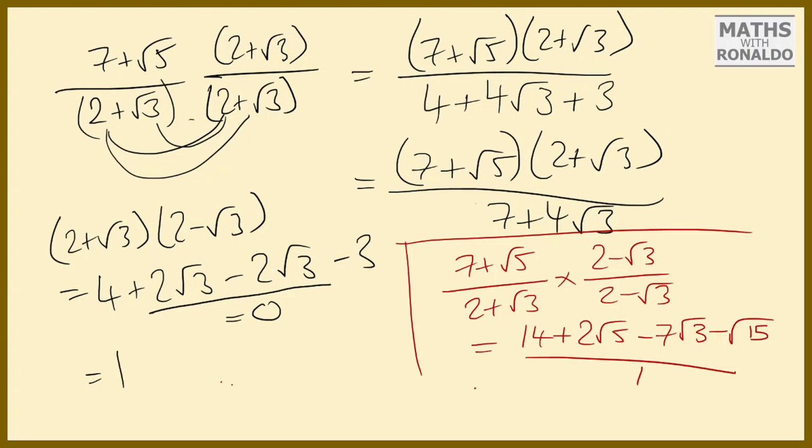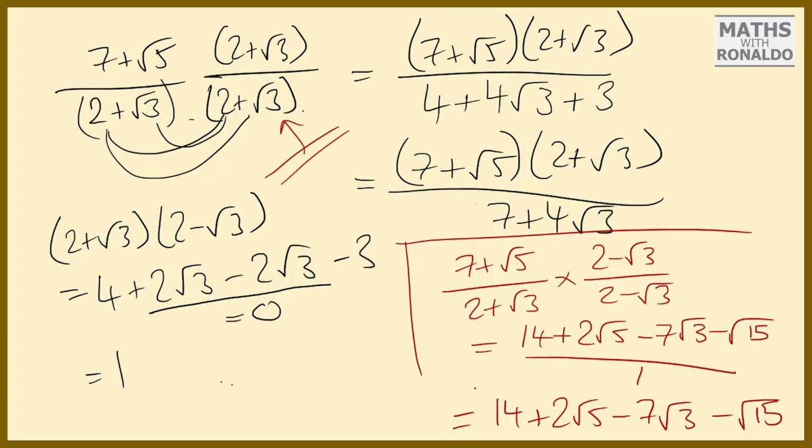We could try simplifying the top, but you wouldn't really get anywhere, because we've got surds with different numbers inside. We've got root of 5, root of 3 and root of 15, and it would just be a headache to try and make them all one roots. But now we can just rewrite it as 14 plus 2 root 5 minus 7 root 3 minus root 15. And that is your final rationalized form of the expression here.